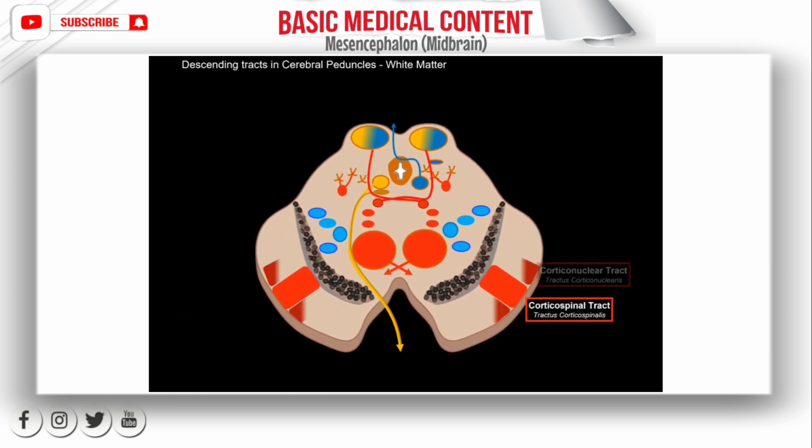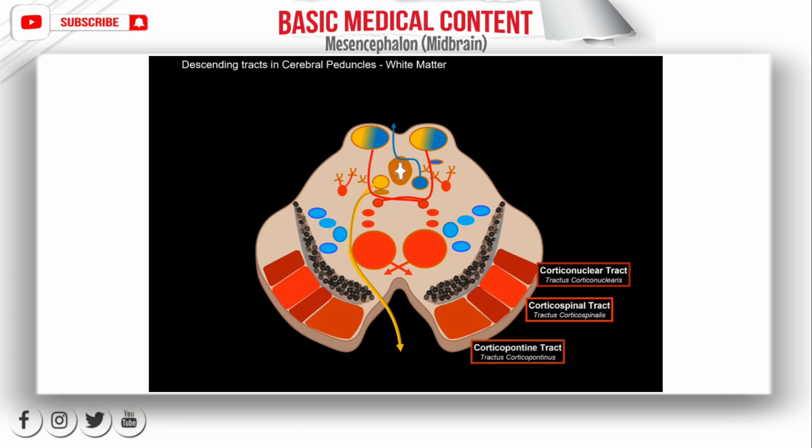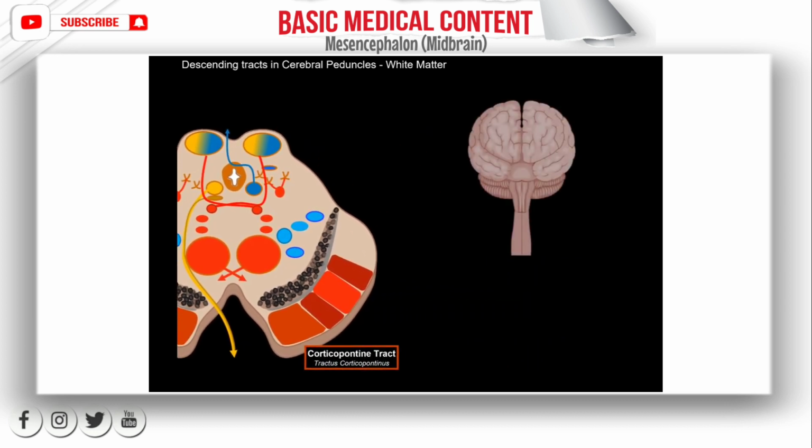Alongside the corticospinal tract, you will find the corticonuclear tract as well. It descends in the same area as the corticospinal tract, but the corticonuclear tract is responsible for the voluntary control of muscles located in the head and neck. Then we have the corticopontine tract, and I mentioned this like 2 other times in this video, but it's important that you know it.